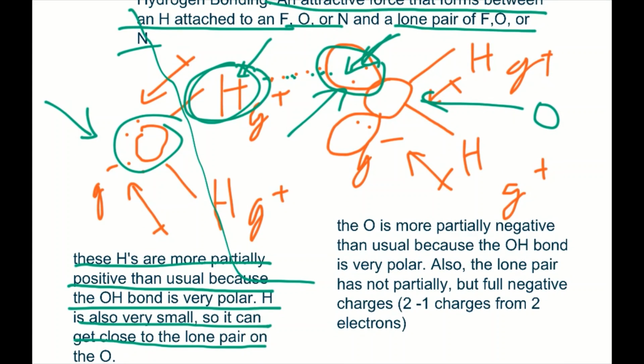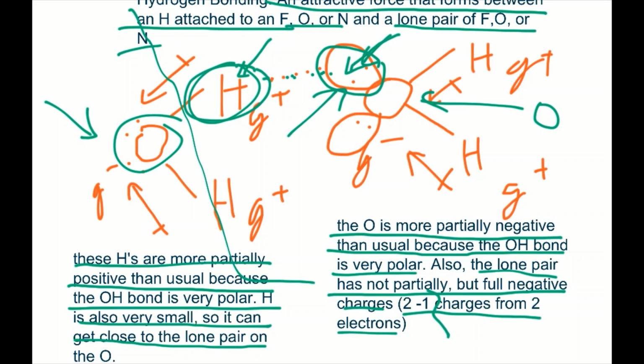Now, what about the O? Well, the O is more partially negative than usual because the OH bond is very polar. In addition, the lone pair has not partially, but fully negative charges. So instead of being maybe a fraction of -1, it is instead fully negatively charged, and in this case, each lone pair has two -1 charges from two electrons.